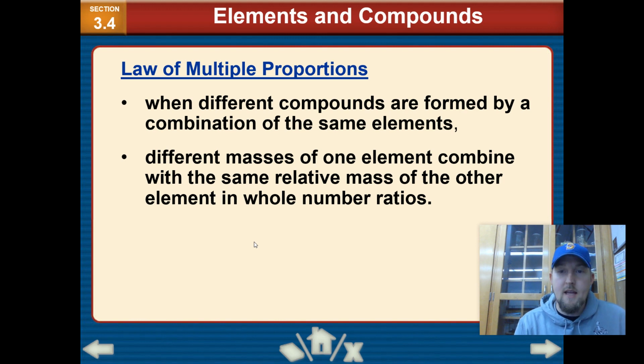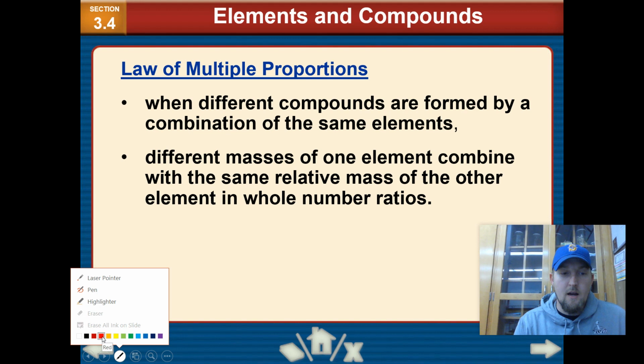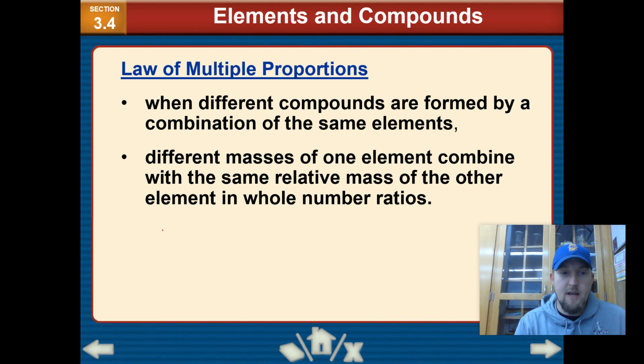One great example of this is with hydrogen and oxygen. You can have H2O. H2O, as we all know, is water. You can also combine these two elements, H and O, in a different ratio.